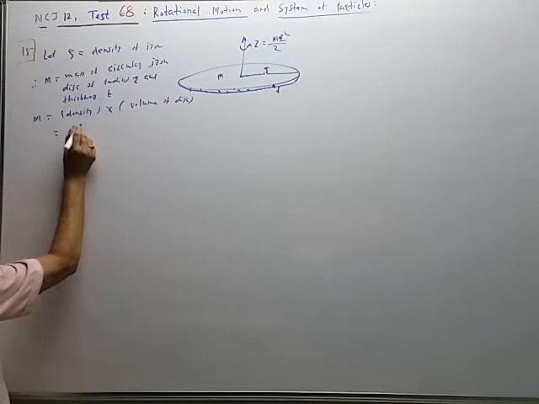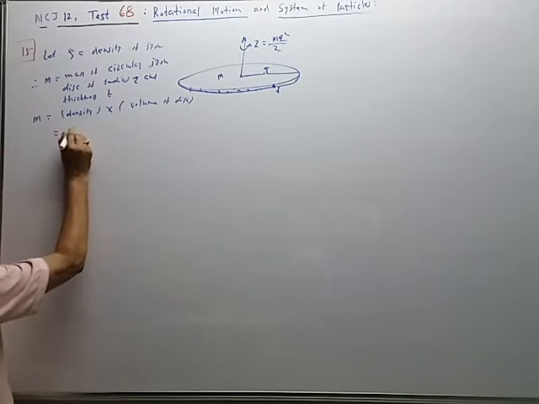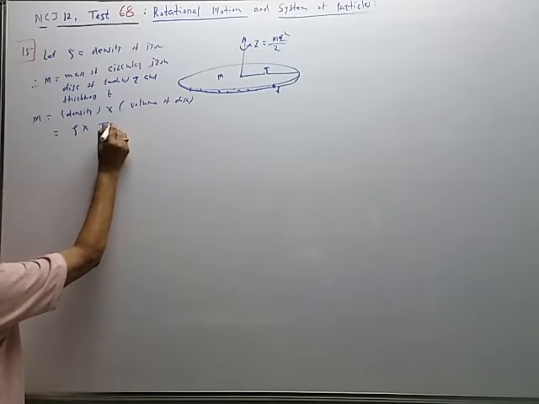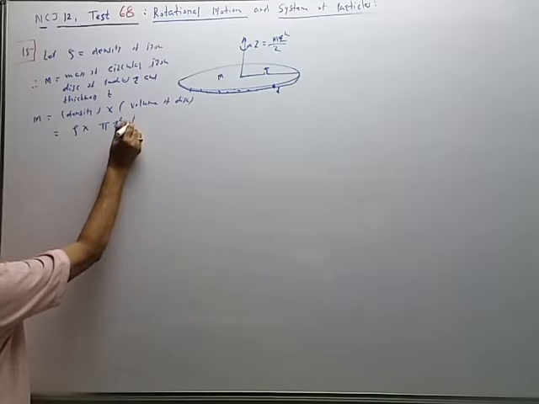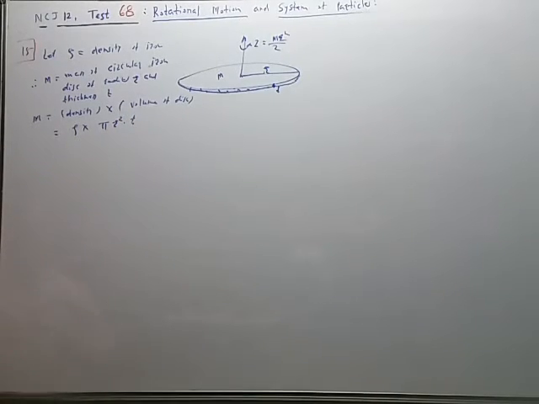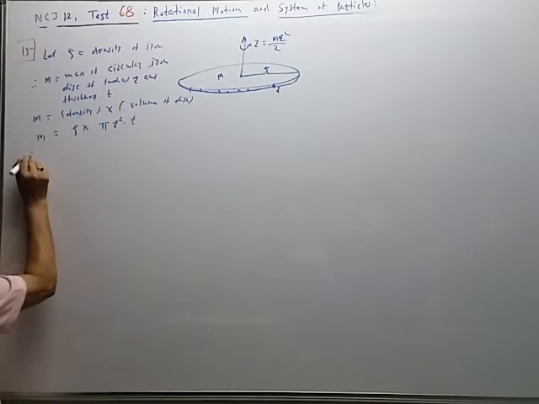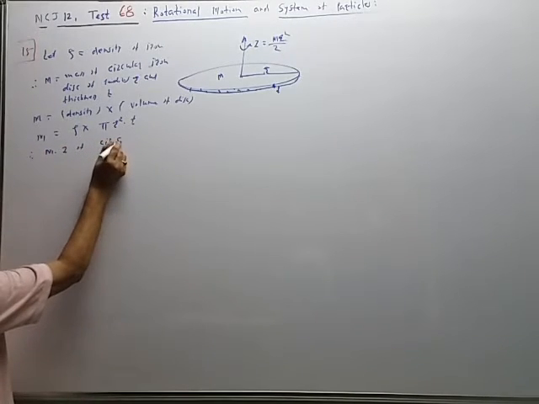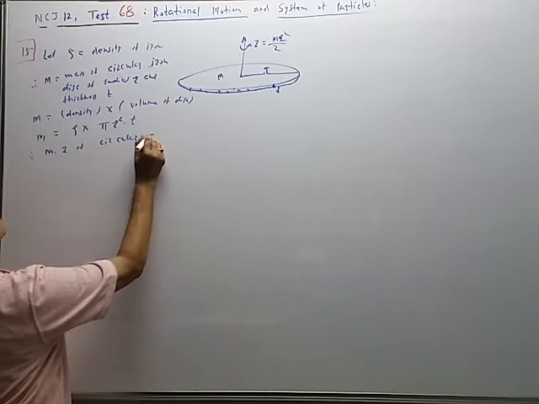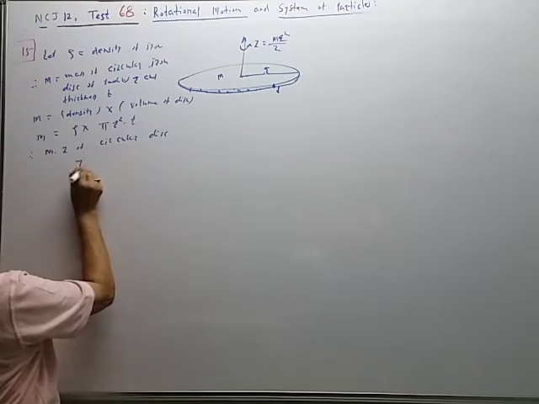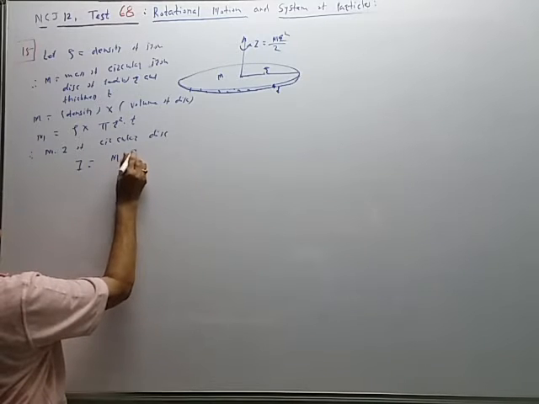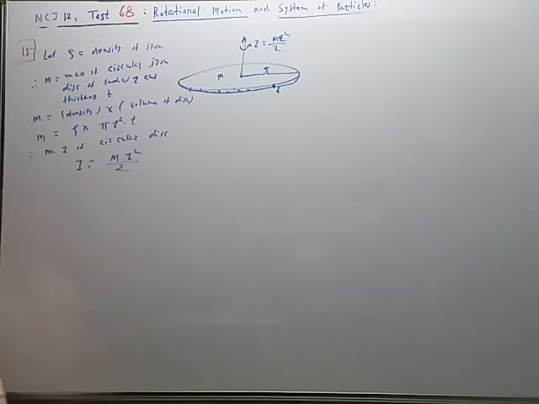So rho multiplied by pi r square T. Therefore, moment of inertia of circular disc I is equal to mr square by 2.